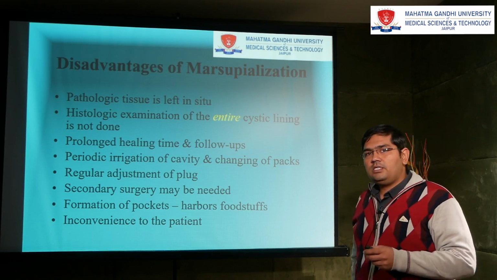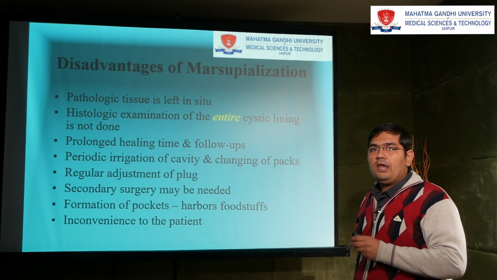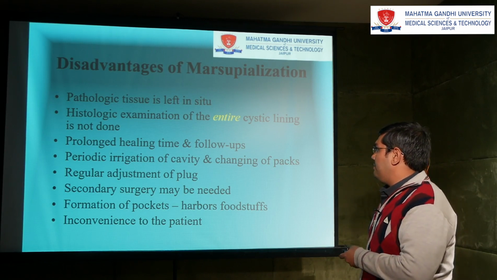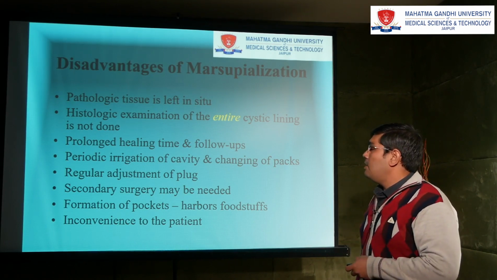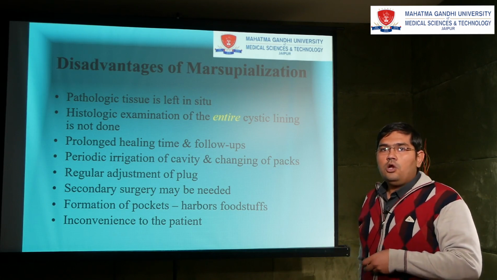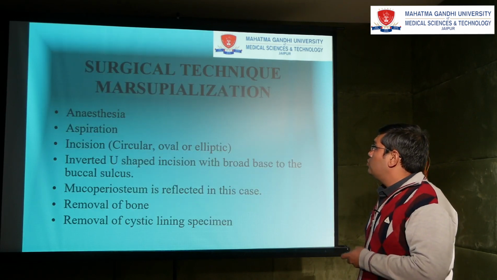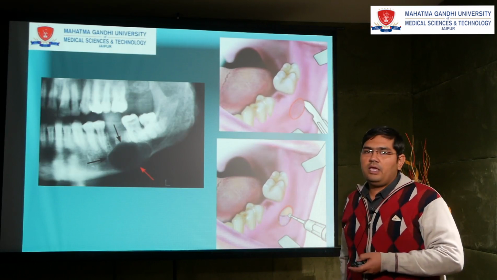But the disadvantage is we are not removing the cystic pathology completely, we are leaving it behind for nature to heal it with time. So there might be higher chances of recurrence associated with the marsupialization, or sometimes there might be need of secondary surgery to remove completely the left behind lining. So to overcome these disadvantages, the pars 2 method came into existence.